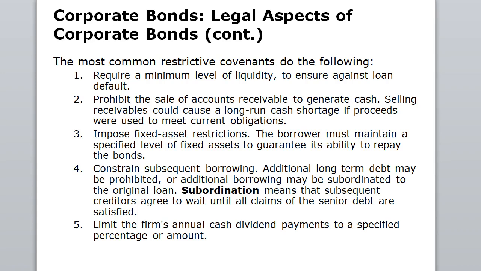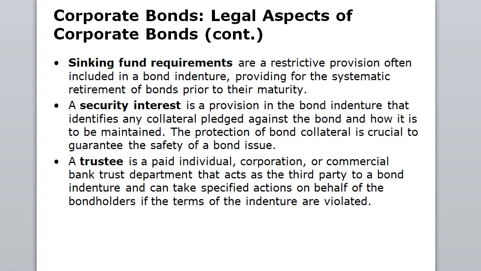Meaning that if they have real estate or maybe different machinery assets, they can't sell them and lease them back, because then that lowers the collateral value of the company. Constrain subsequent borrowing, meaning that there's only so much additional borrowing they could do, which prevents your company from becoming too overly leveraged; and limit the annual cash dividend payment.